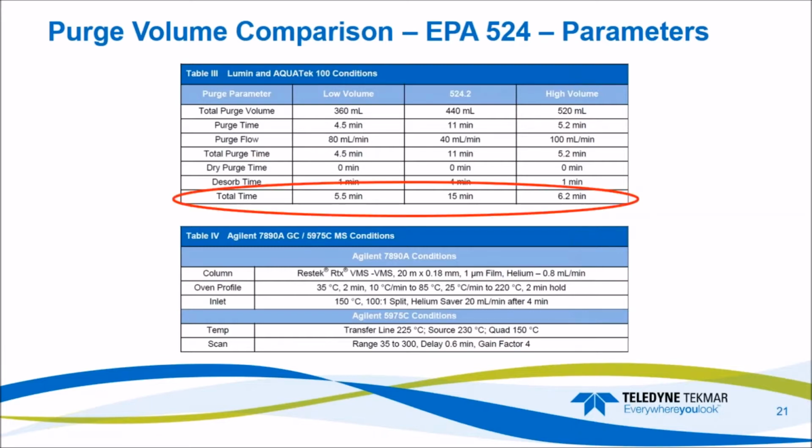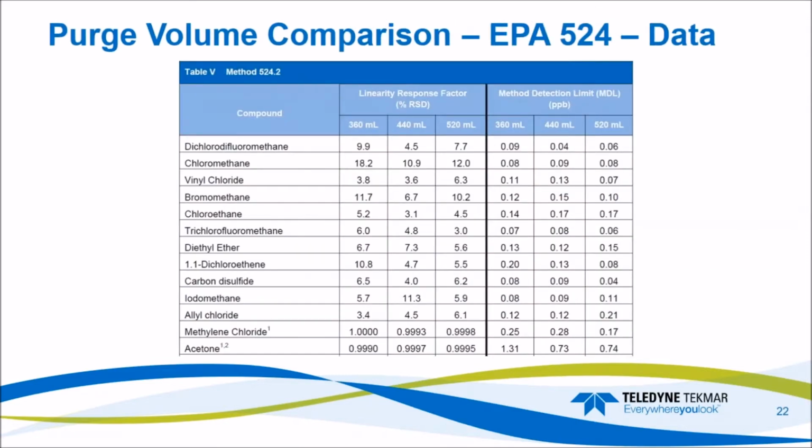As you can see here, each total time for the analysis is different for each method. And for our GCMS parameters, again, we're using that standard 20 meter, 0.18 millimeter inner diameter column with helium as our carrier gas, and we were using full scan mode again on the mass spec.